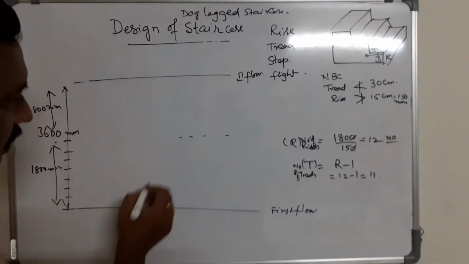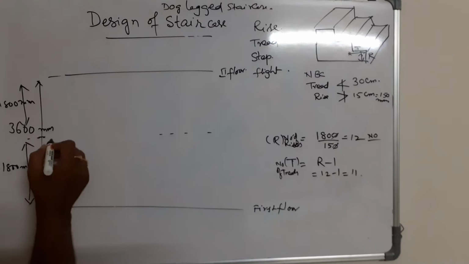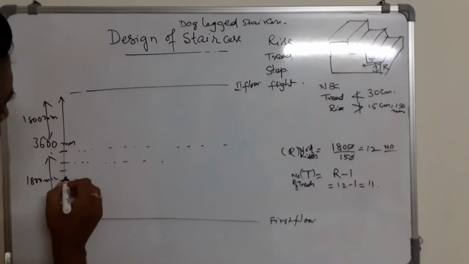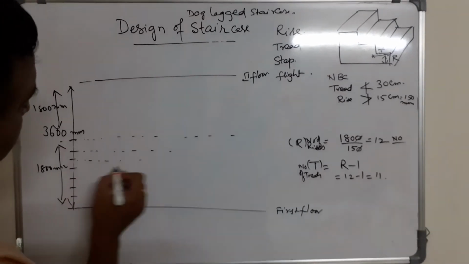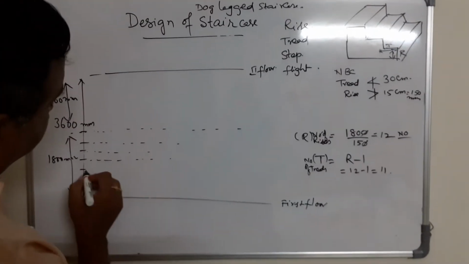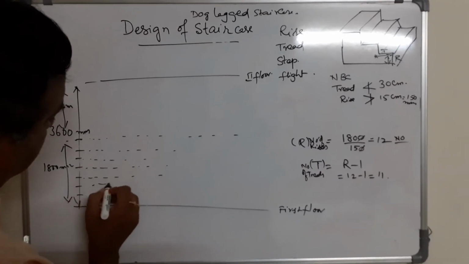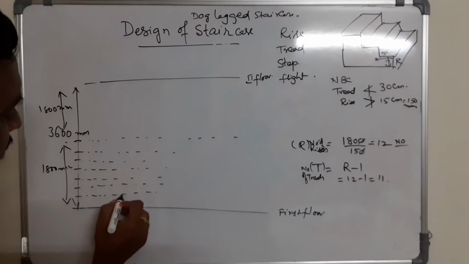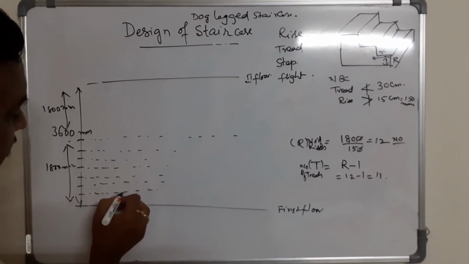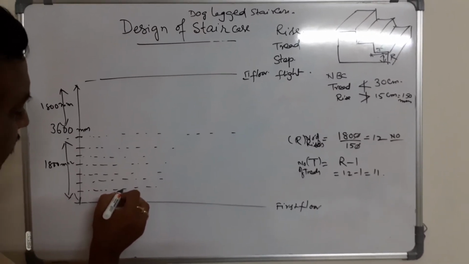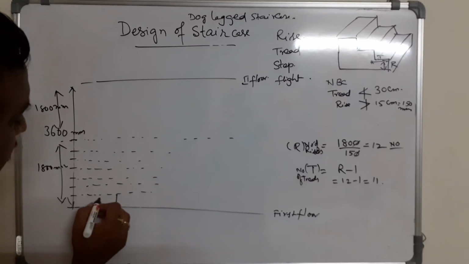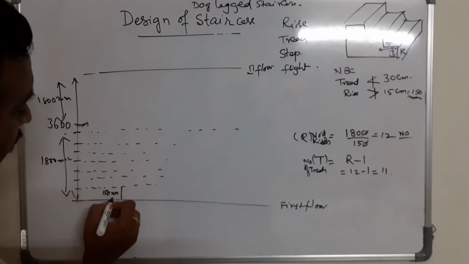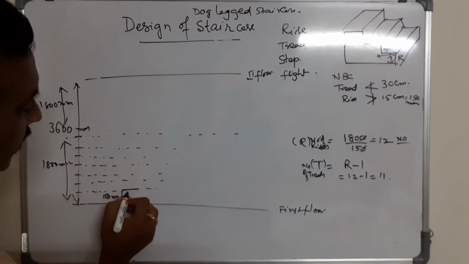Now I will draw the horizontal lines like this, which are my treads. Here, the first step I am going to construct, this is a rise, so this is 15 centimeters or 150 mm, and the tread is say 300.